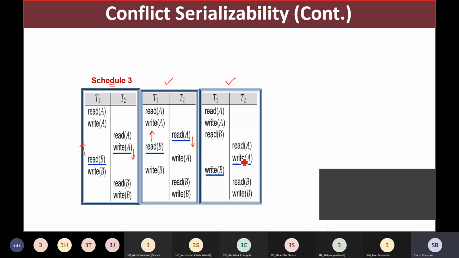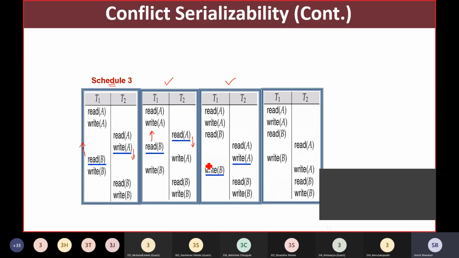Once again, if we look at this particular schedule, what we find is this write B and this write A. These two are consecutive instructions, and even though these are write instructions, they are accessing different data elements. One is accessing A and another is accessing B. So these two instructions do not conflict with one another and we can swap those. After swapping these two, this will go up and this will go down.